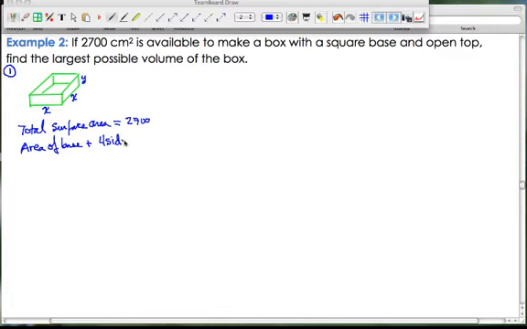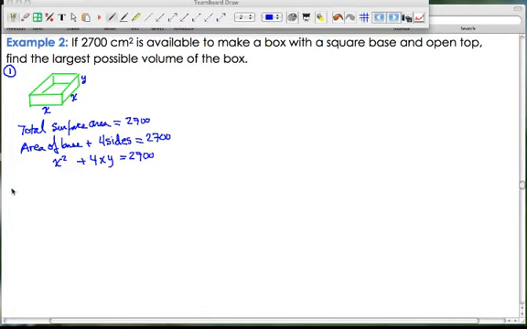The area of the base would be X squared, and the area of 4 sides would be 4 times the area of one side. And the area of one side would equal X times Y. And that would equal 2700.